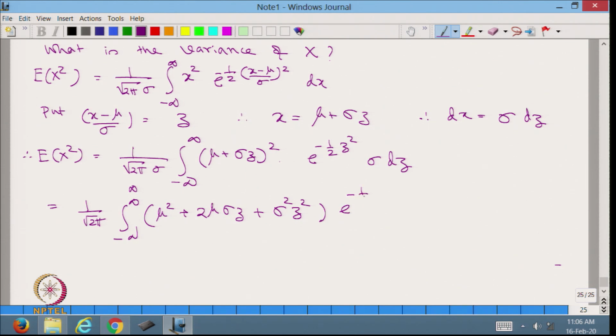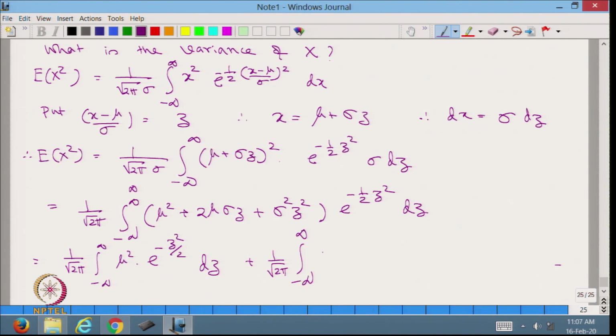into e to the power minus half z square dz, which is equal to 1 over root over 2 pi minus infinity to infinity mu square into e to the power minus z square by 2 dz plus 1 over root over 2 pi minus infinity to infinity 2 mu sigma z e to the power minus z square by 2 dz plus sigma square upon root over 2 pi integration minus infinity to infinity z square into e to the power minus half z square dz.